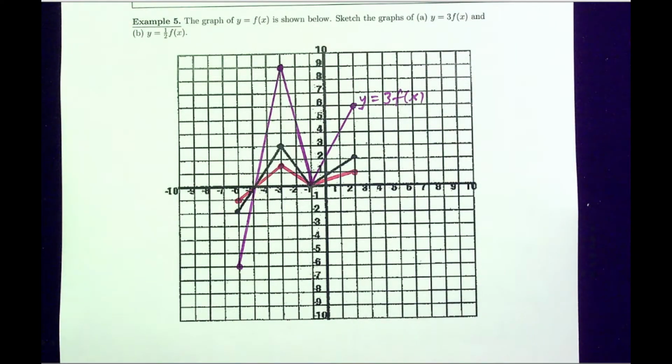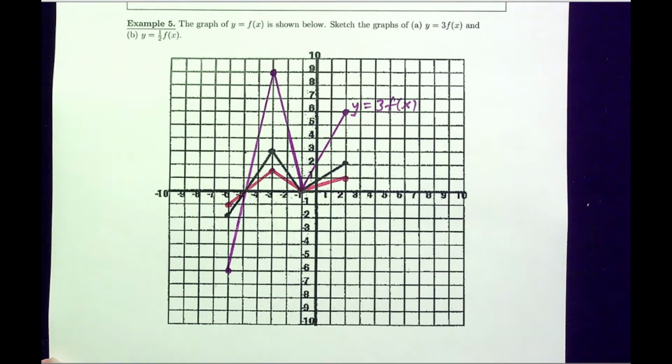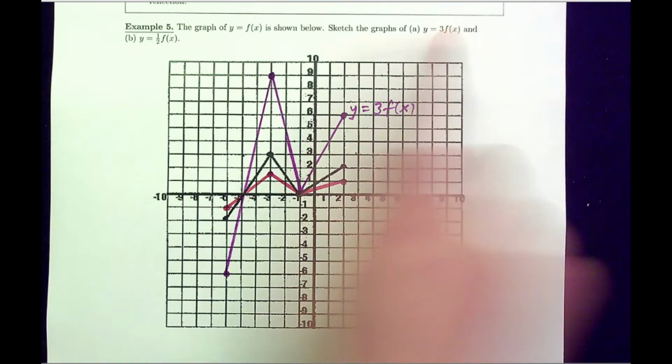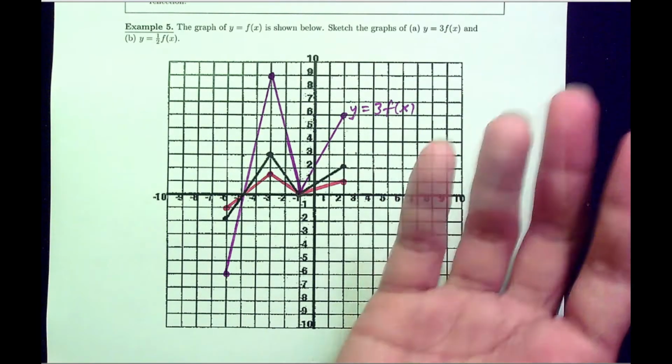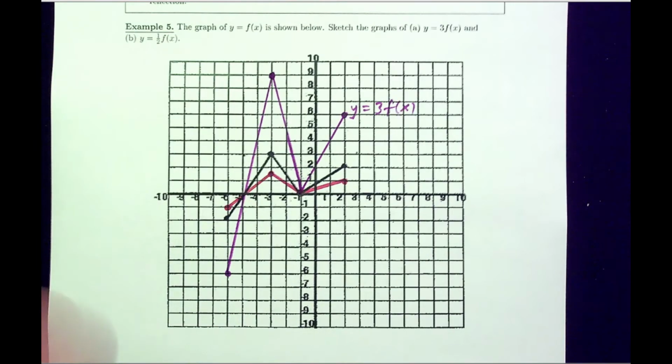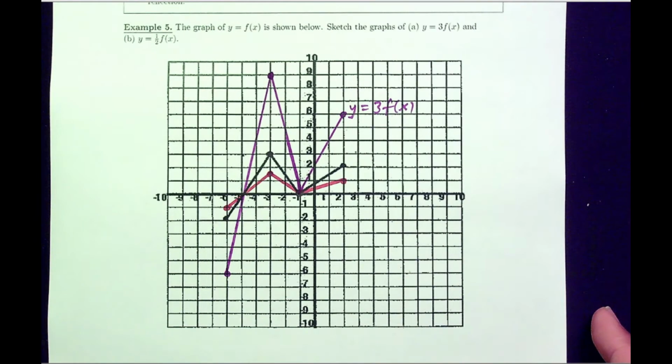It's compressed by a factor of a half. All right, and that's how you do that. Again, just multiply the corresponding y coordinates by the number outside because numbers outside only affect the y coordinate. Numbers inside of the formula affect the x coordinate. And the next example is going to be one where the number we multiply happens inside.